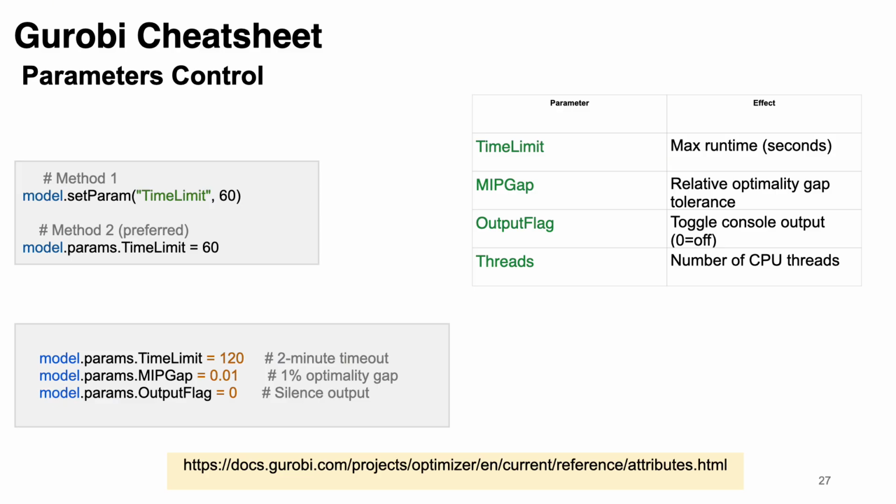You can also use the output flag to silence the solver's console log if you are running it as part of a larger automated application. There are 2 ways to set these. You can use the model.setParam method or the preferred, more modern Pythonic way, model.Params.TimeLimit equals 60. These controls ensure the solver works within your specific operational requirements.